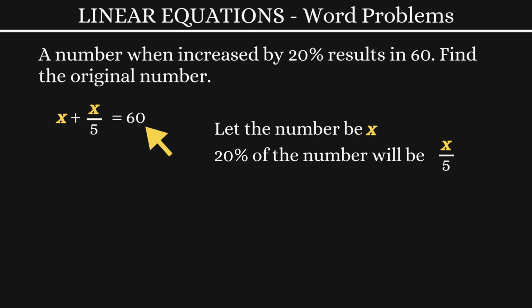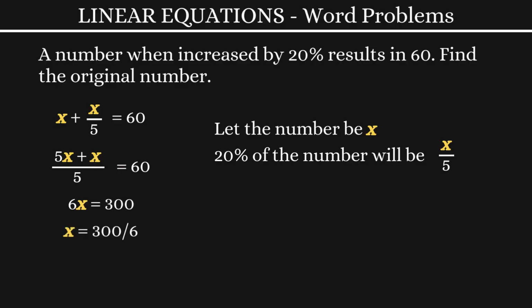Here we cannot move this denominator 5 unless it's a common denominator. So simplifying the left hand side, we have (5x plus x) divided by 5. This is equal to 60. Now you can move this 5 to the other side. What we have is 6x is equal to 60 into 5, which is 300.